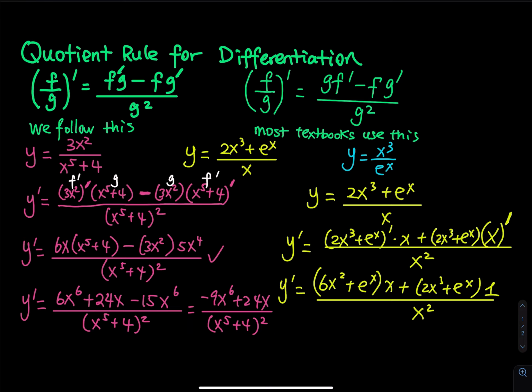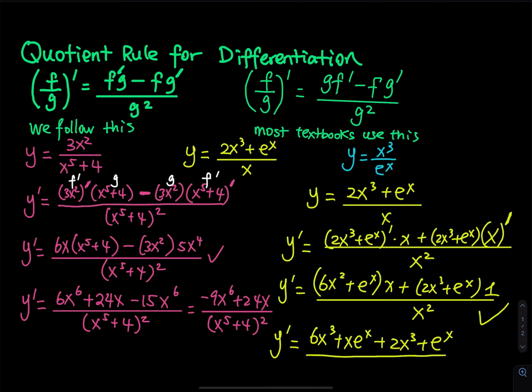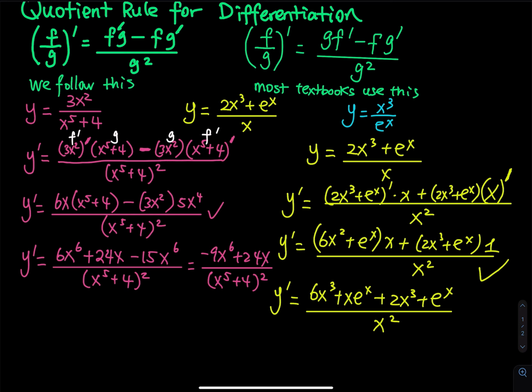In my class, I am fine with this line. Then distribute the x: 6x to the 3rd plus x e to the x, minus 2x to the 3rd plus e to the x, divided by x squared.